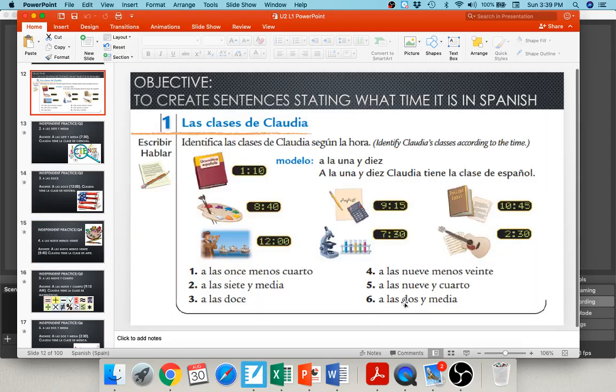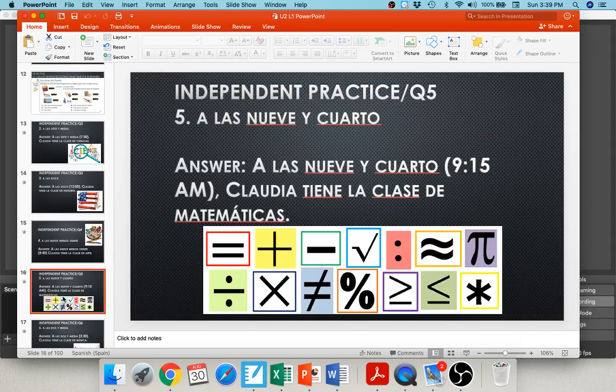Number 5, a las 9:15, at 9:15. Well, if you find 9:15, there's a calculator there. We know she's in math class. So we're going to say, a las 9:15, at 9:15, Claudia tiene la clase de matemáticas.